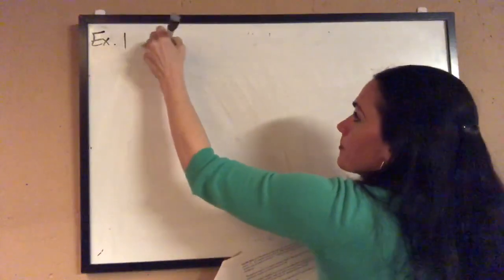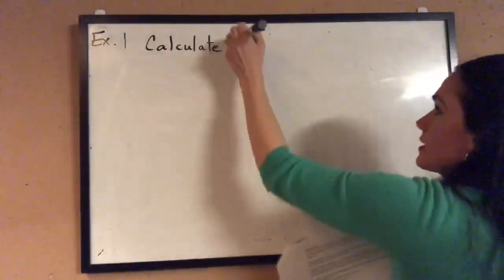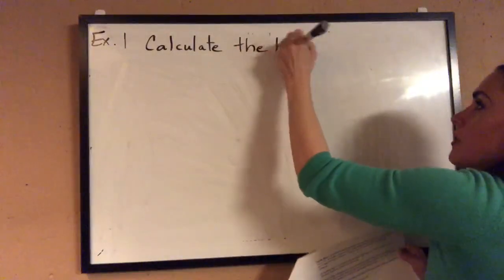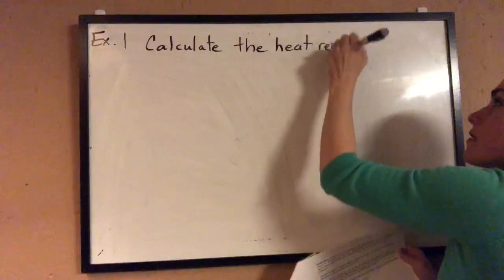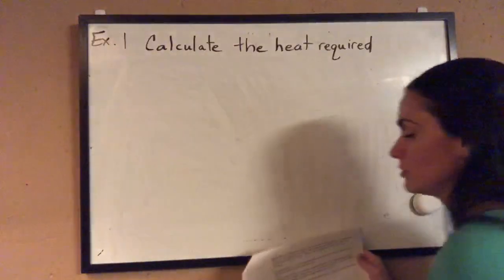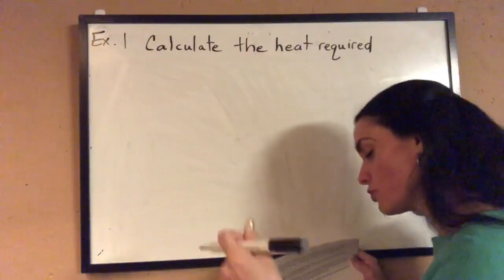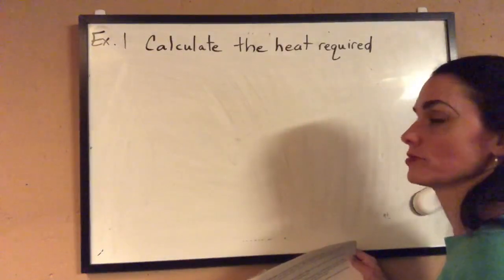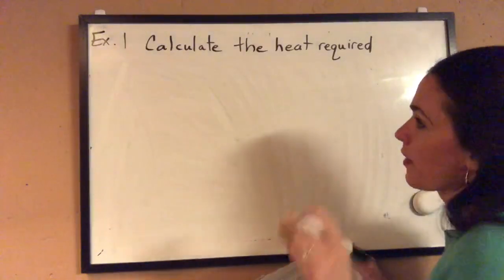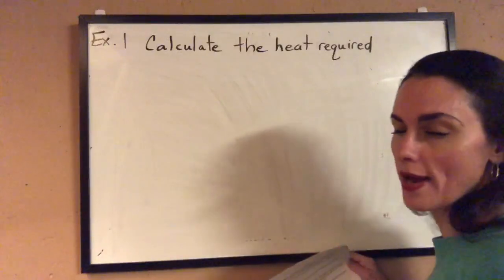Let's do an example. Calculate the heat required. Remember, heat is a form of energy, with units that we learned about at our last class meeting: joules, calories, kilojoules, kilocalories. For this equation, we're going to see primarily joules.